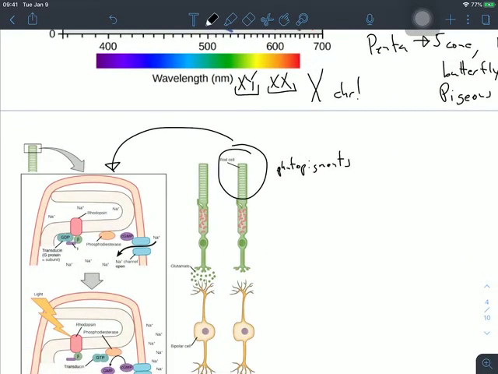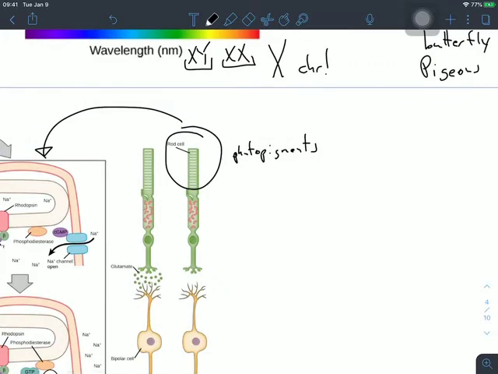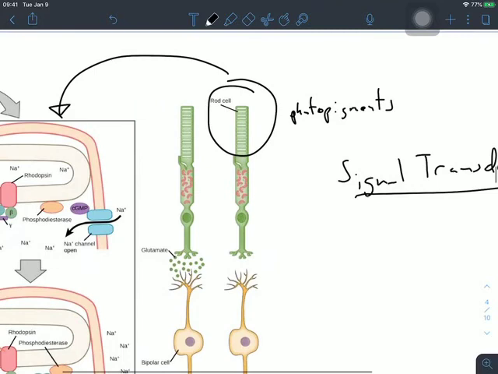In these rod cells, we need to talk about the process of signal transduction. Because you'll notice one very unique thing. In its native state, when the rod cell is not actually detecting, it is sending a signal of glutamate.